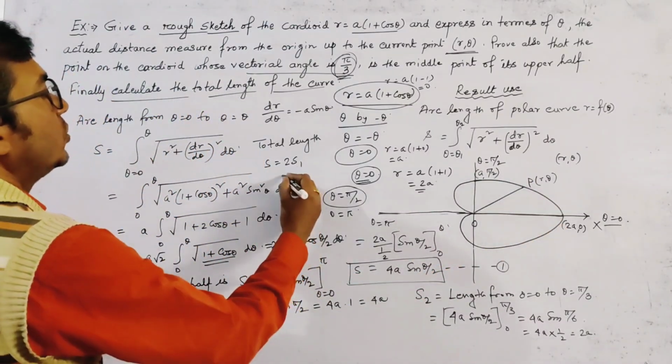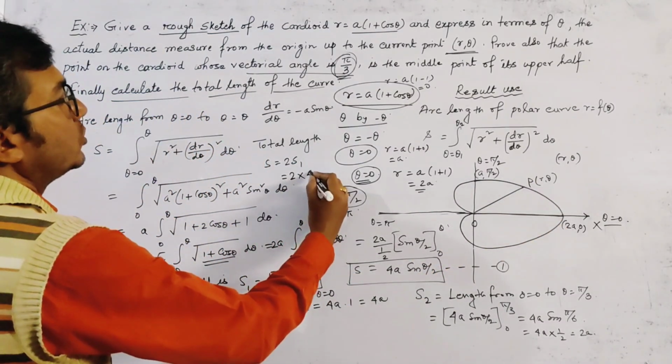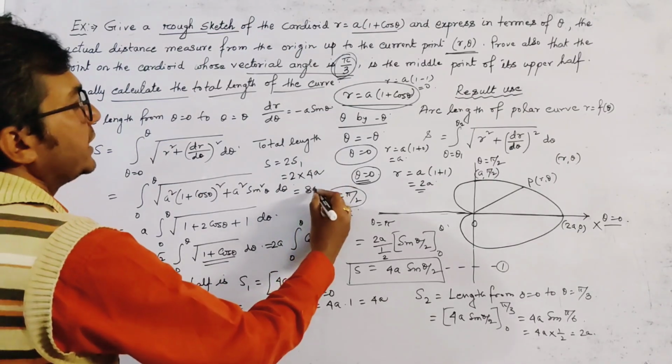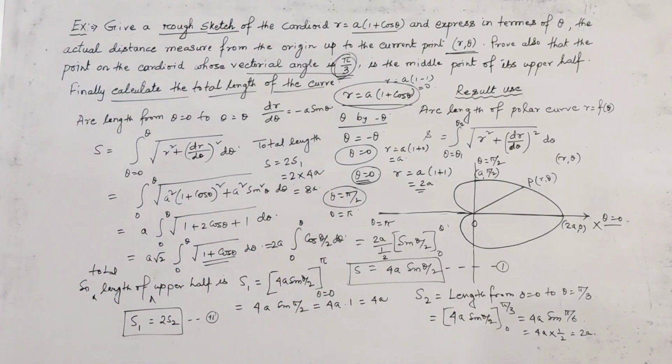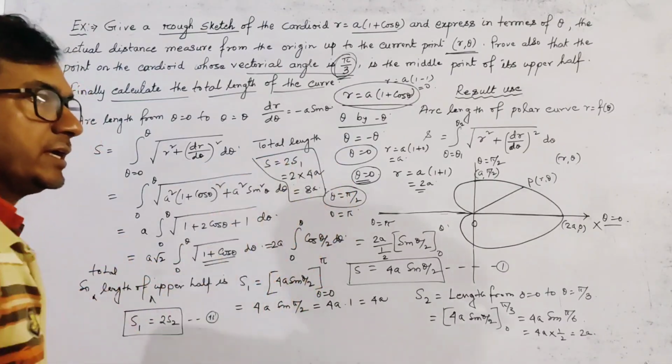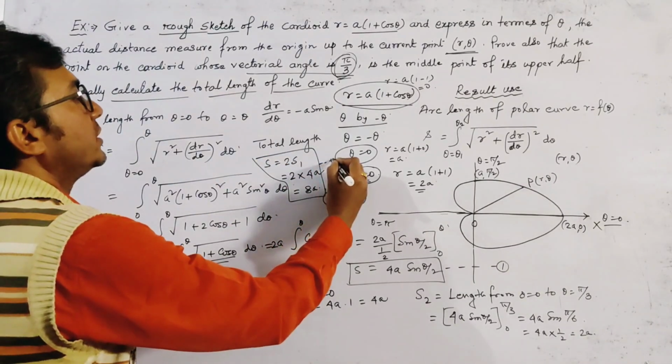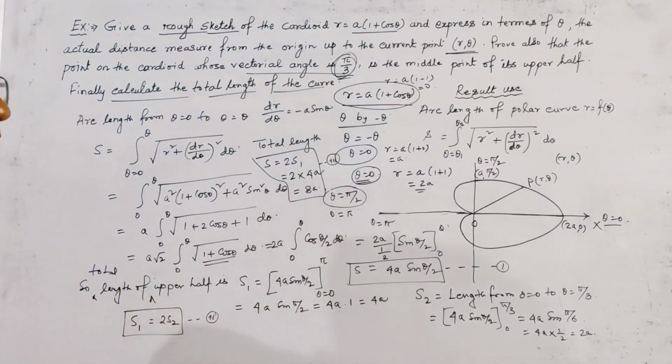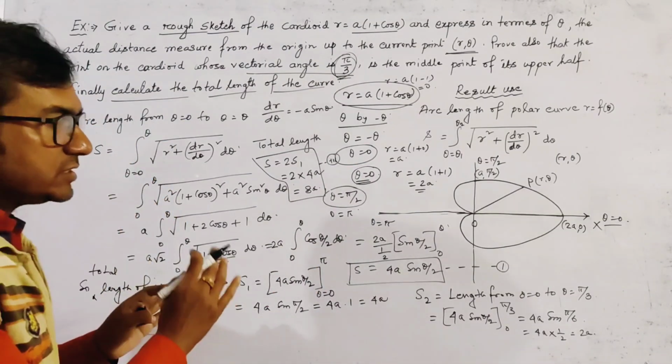So we get 2 into 4a, this is 8a, right? This is answer number 3, or the final answer. So we get 3 answers very easily.